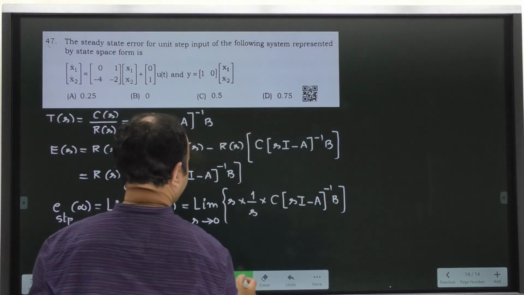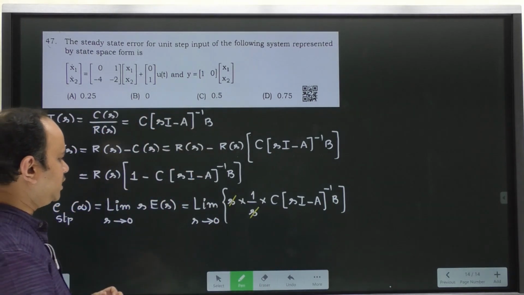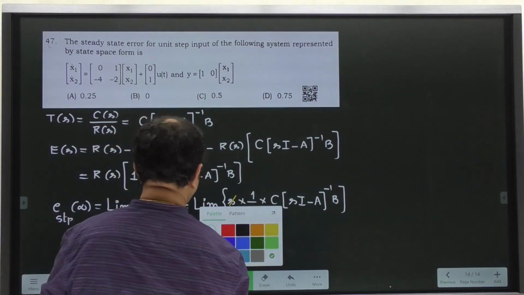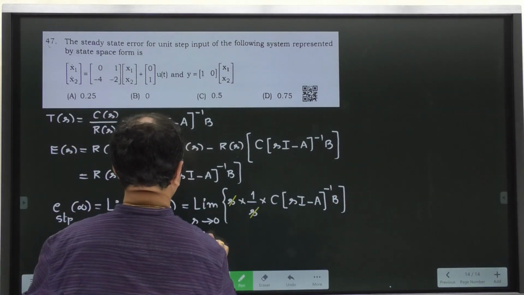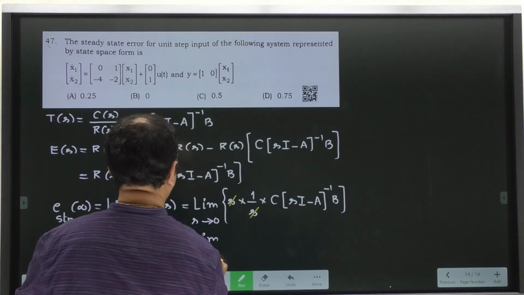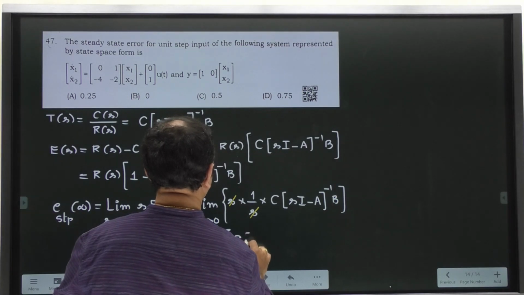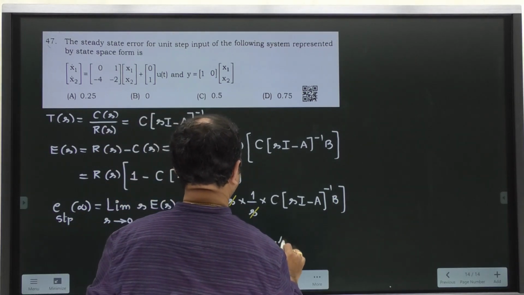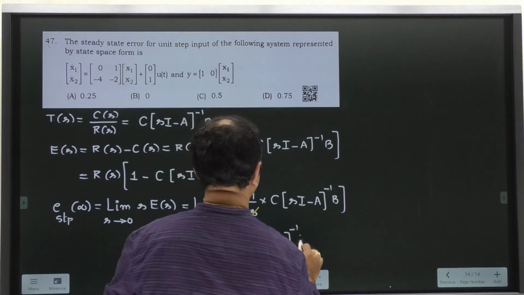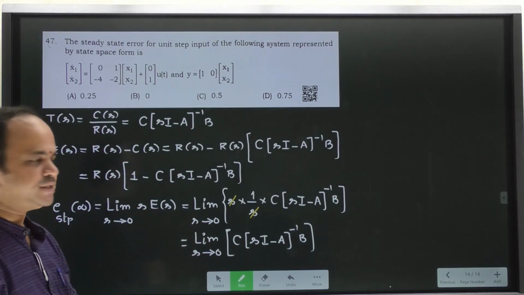So here you can cancel this S and S. So finally we are at a stage where steady state error is equal to limit S tends to 0, C into (SI minus A) inverse B, right. So you have to evaluate this limit.